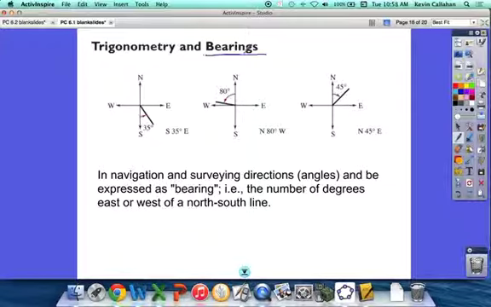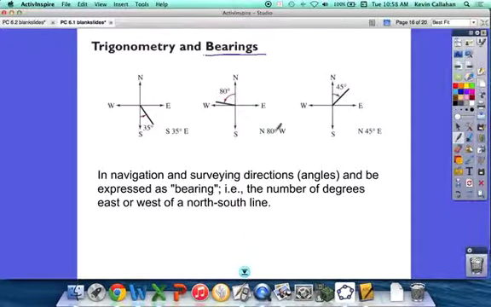And it's written like this. N or S at the beginning tells you whether it's with respect to a south line or a north line. And then the number of degrees it is to the east or the west. So south 35 degrees east means straight south 35 degrees to the east.